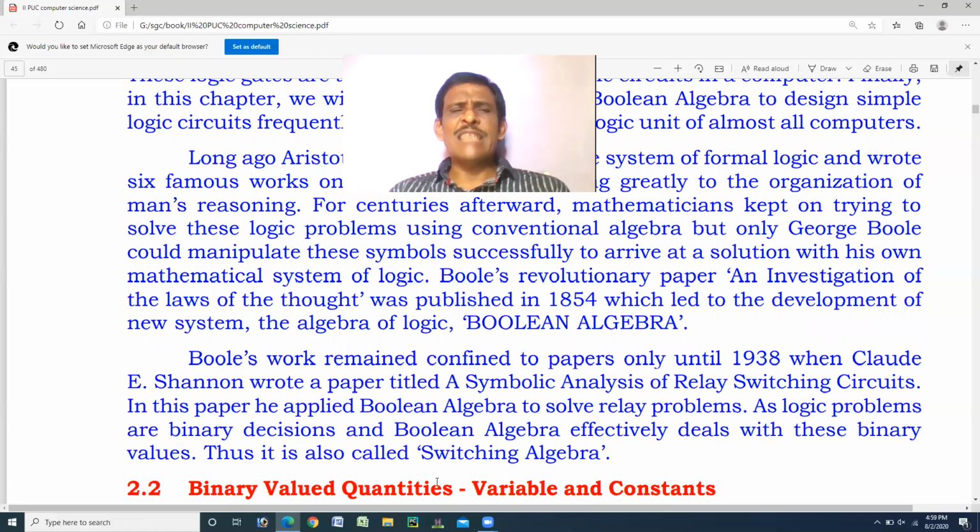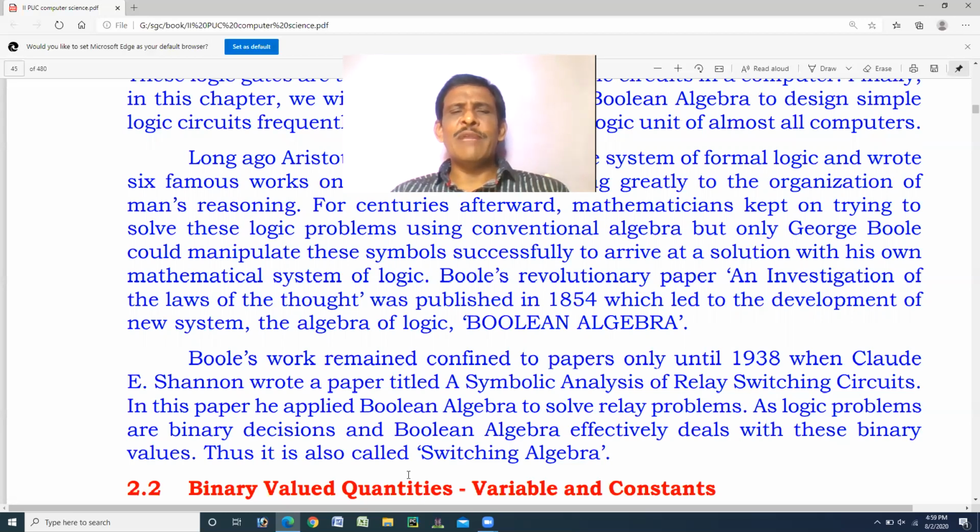He used Boolean algebra in telephone switching circuits. As logic problems are binary decisions and Boolean algebra effectively deals with binary values, it is also called switching algebra.